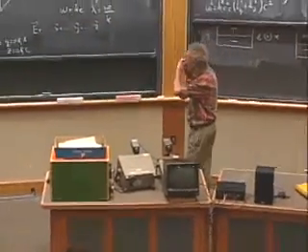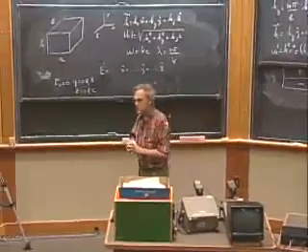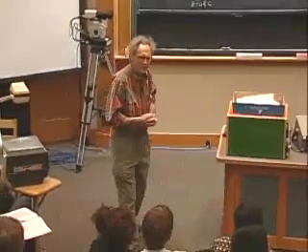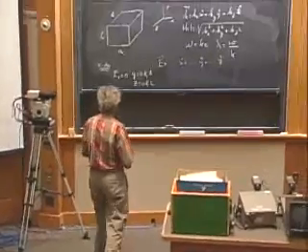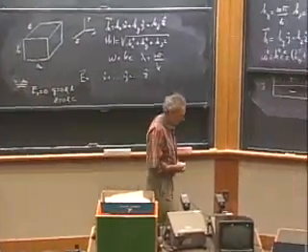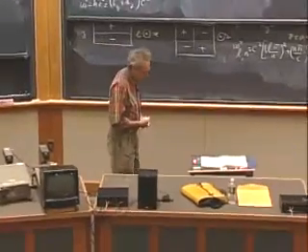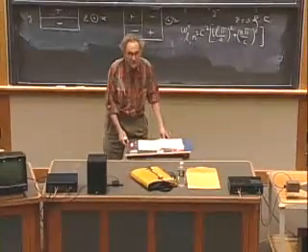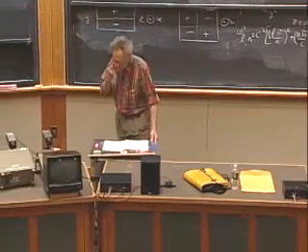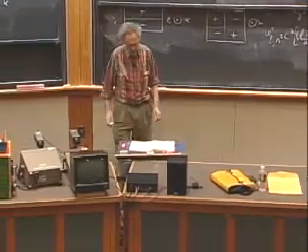Now, I'm going to change gears because I wanted to find a way to demonstrate this to you. I'm going to make this a box, and I'm going to ask myself, what are the resonance frequencies for sound? Sound is a longitudinal wave, so sound has no linear polarization.